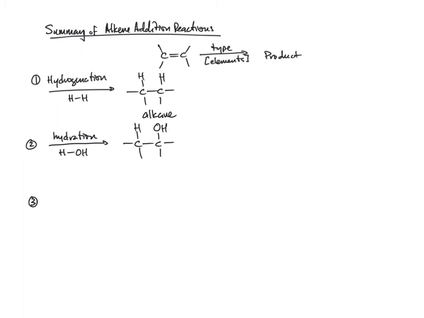Our third reaction type is called hydrohalogenation. So hydrohalogenation, we're going to add the elements of HX, where X is equal to chlorine, bromine, or iodine.